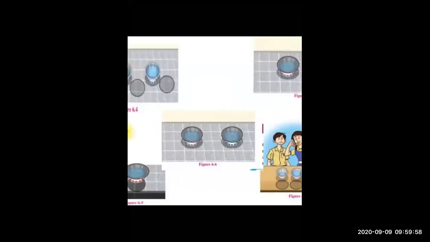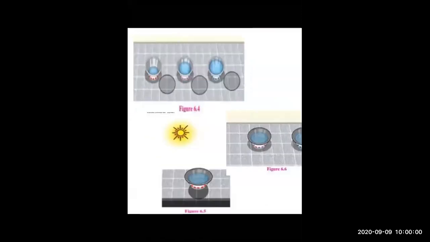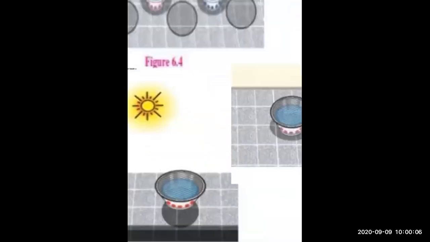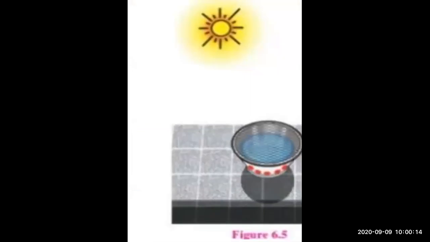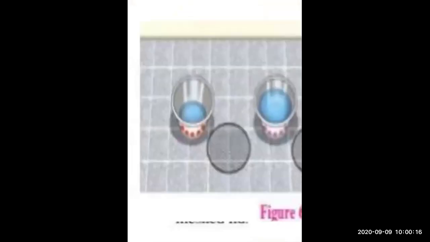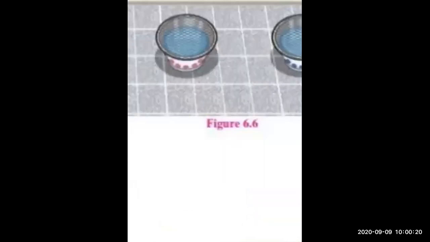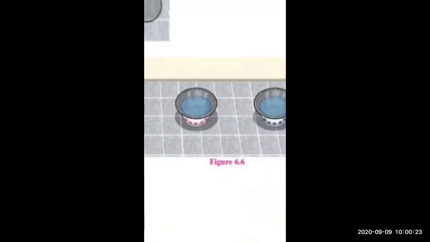So now we are going to our first experiment. Just look over there. We take 3 containers, and in these 3 containers we put different colors. First is red, second is pink, and third is blue.